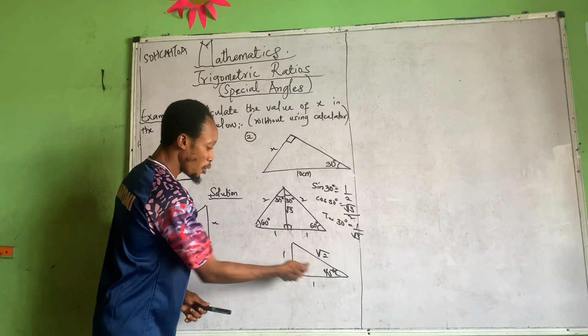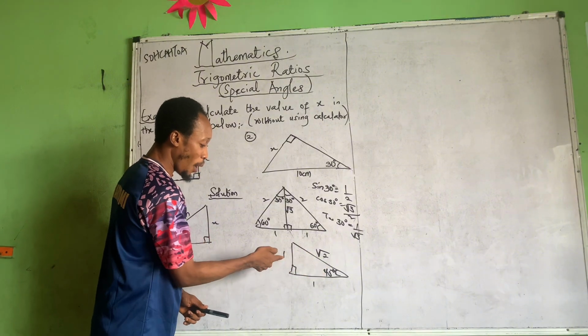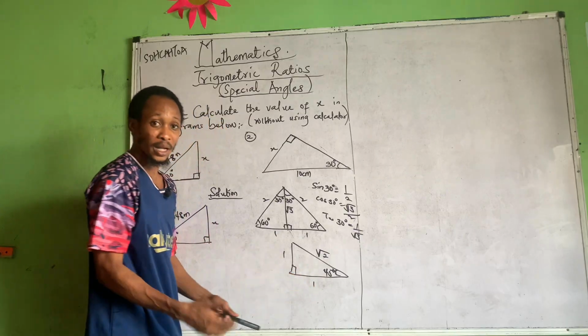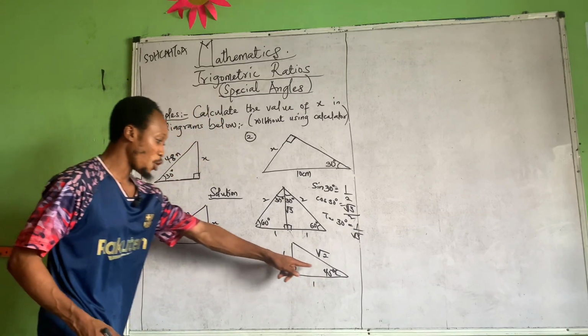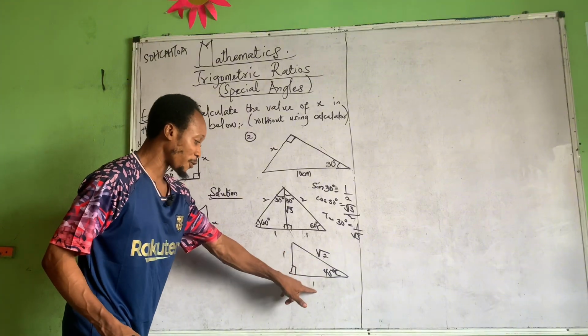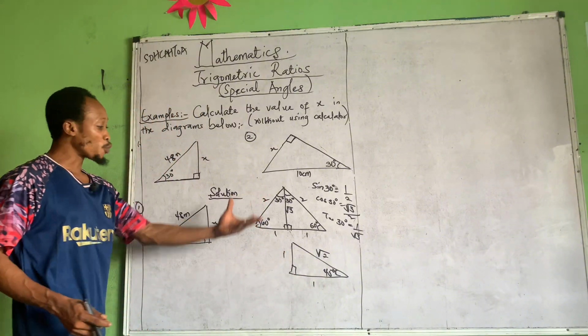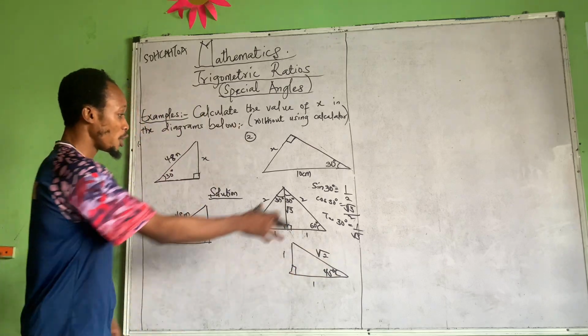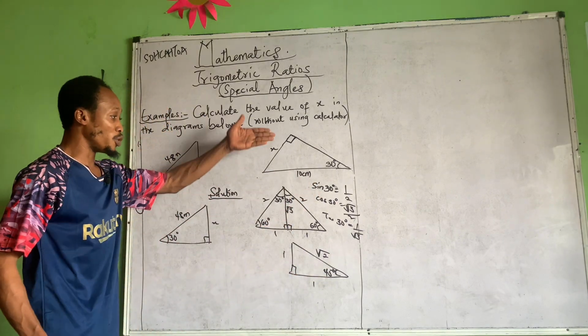For 45 too, we have opposite here to be 1 over adjacent 1. That's for tan. So tan 45 is 1 over 1, which is 1. If you press it, you're going to get it like that. Opposite of 45 is 1, adjacent of 45 is 1. So this is how we get our 30, 60, and 45 degree special angles using the sine, cos, and tan.